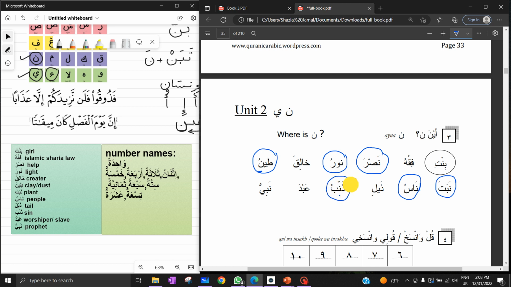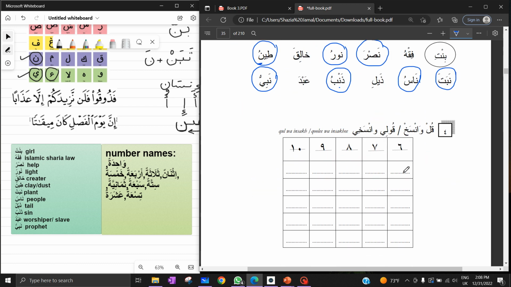So we will circle this word. What does zanb mean? Sin, your bad deeds. Abda. Is there a noon? No. Nabi, yes, there is initial letter noon. So we will move on to exercise number 4.